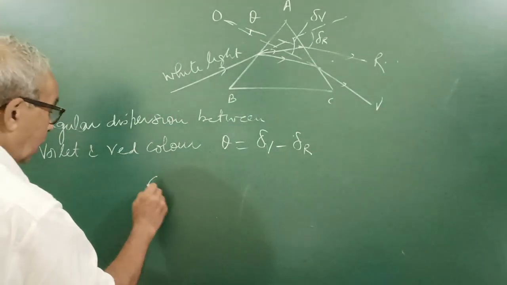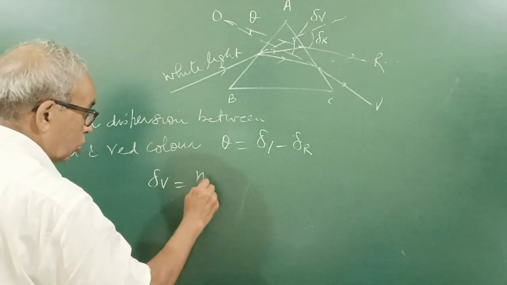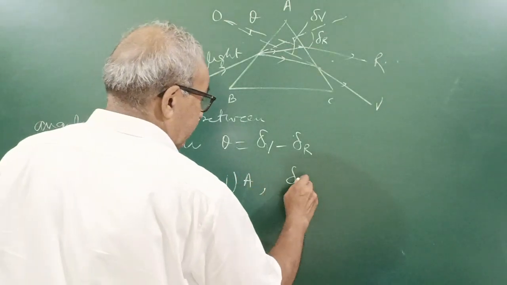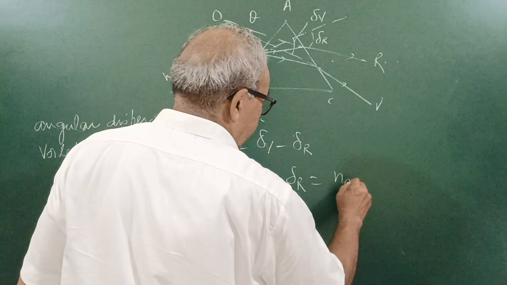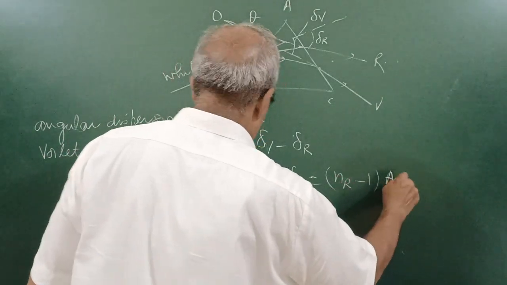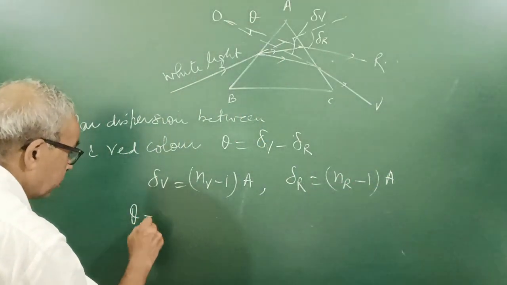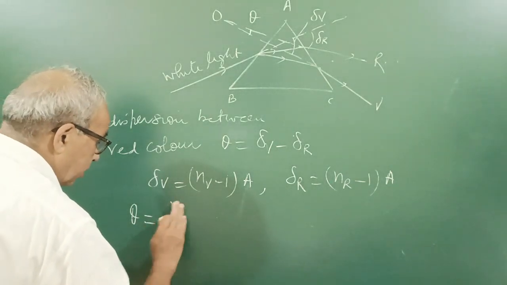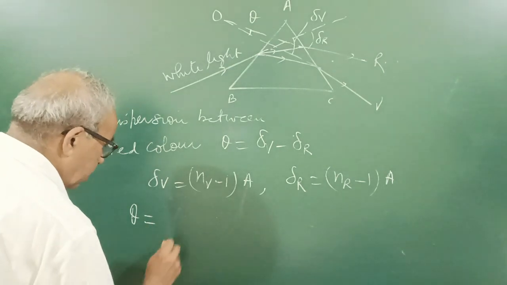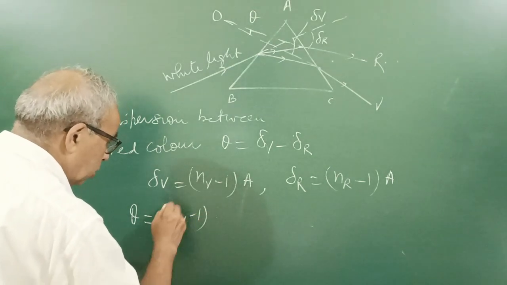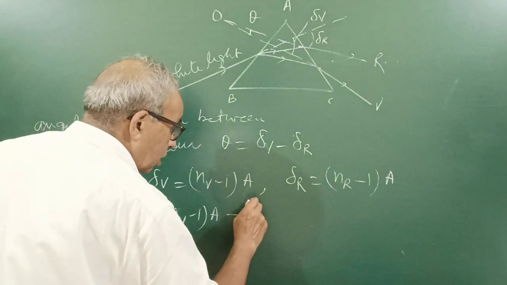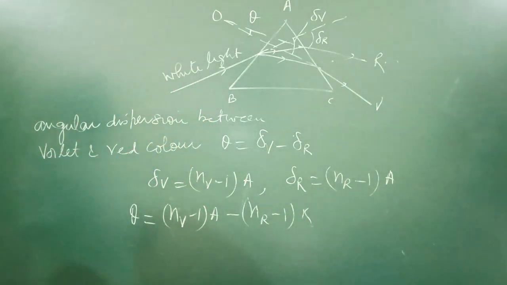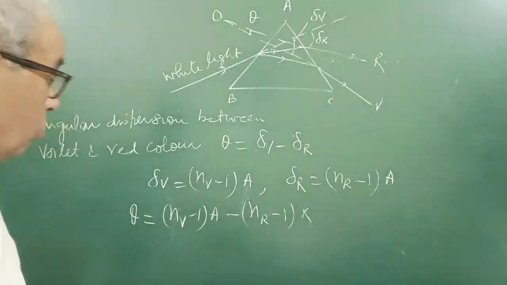But we know delta V is equal to (NV minus 1) into A, and delta R is (NR minus 1) into A. So theta here will be (NV minus 1) into A minus (NR minus 1) into A. NV and NR represent the refractive index for violet and red.